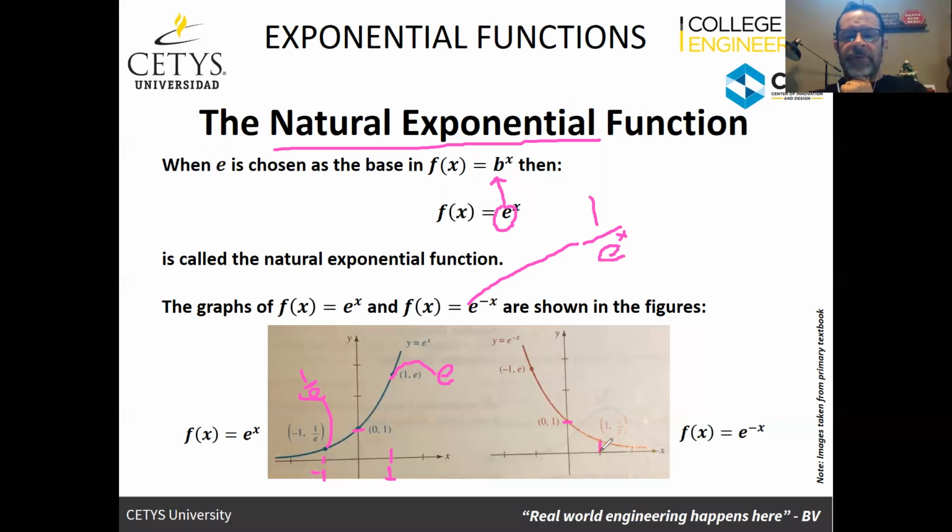But now for the value of x equal to 1, the function is going to be 1 divided by e, and for the value of -1, the value is going to be e. So the behavior is exactly the same as a normal exponential function, but there's a reference number there, which is e, or Euler's number. And as we mentioned, this function has some important properties that are used in a lot of fields.